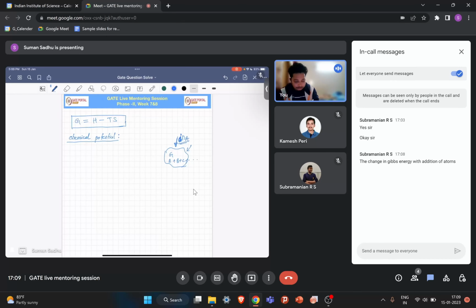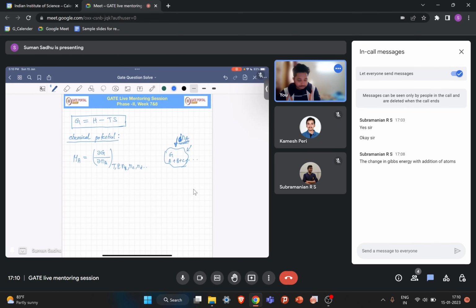You should mention at constant temperature and pressure, and when the composition of the other elements is fixed. Mathematically, the chemical potential of A is the change of free energy of the system, not the change in free energy of element A, per unit mole of addition of element A. So mu A equals dG by dnA at constant temperature, pressure, and nB, nC, up to nI.